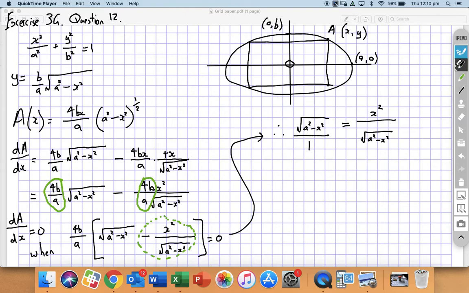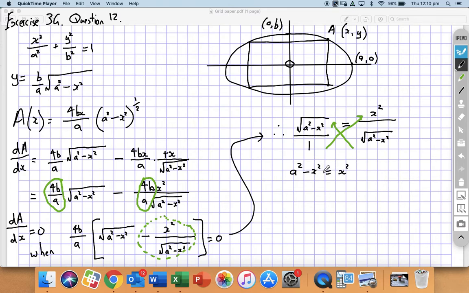Okay. Now this is prime for a cross multiplication, right? So in one step, I'm going to multiply both sides by the square root of a squared minus x squared, and I'm also going to multiply both sides by 1. So that leaves me with a squared minus x squared equals x squared.